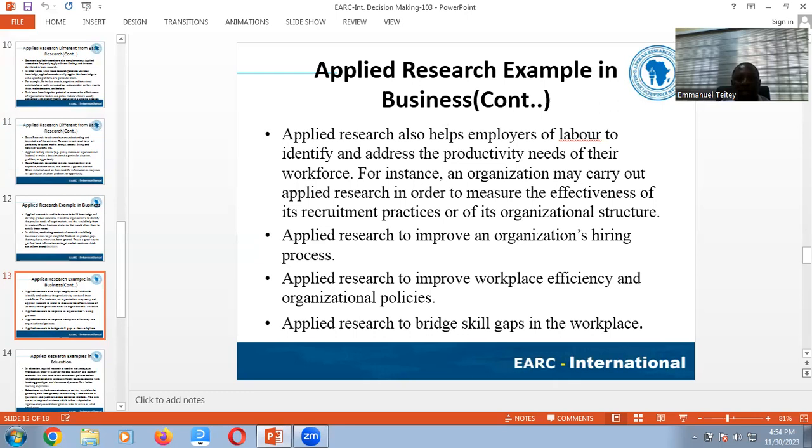Applied research helps to improve an organization's hiring process. Applied research helps to improve workforce efficiency and organizational policy. Applied research helps to bridge skill gaps in workforces.